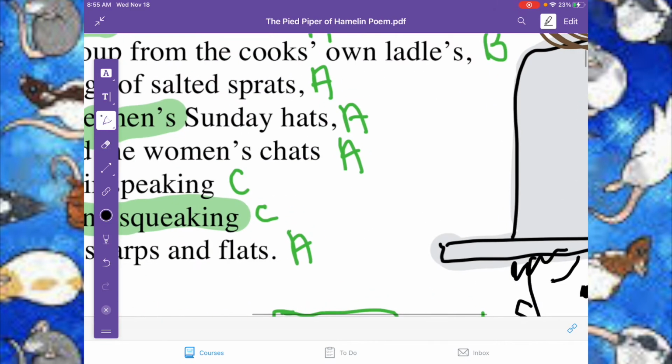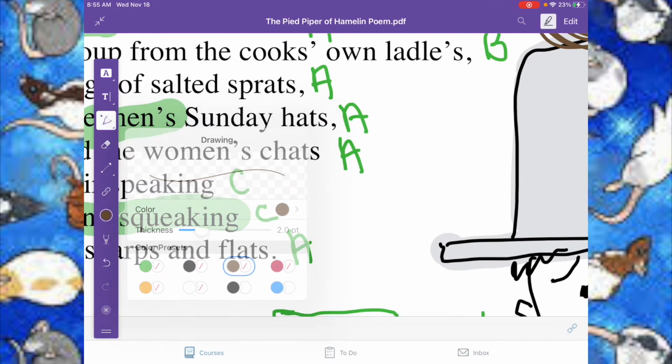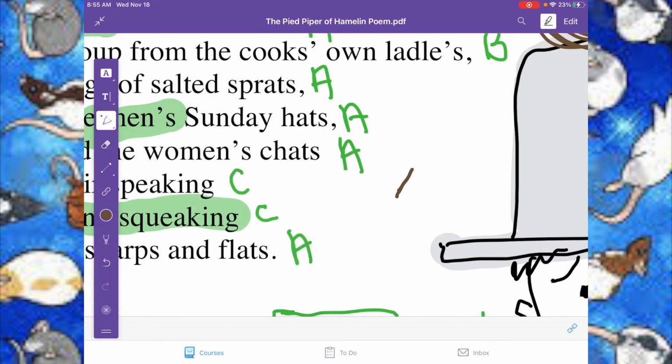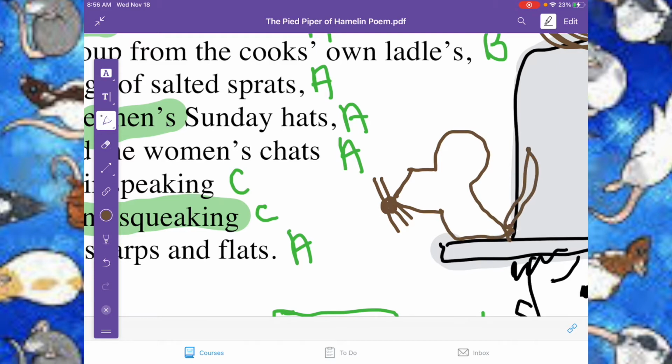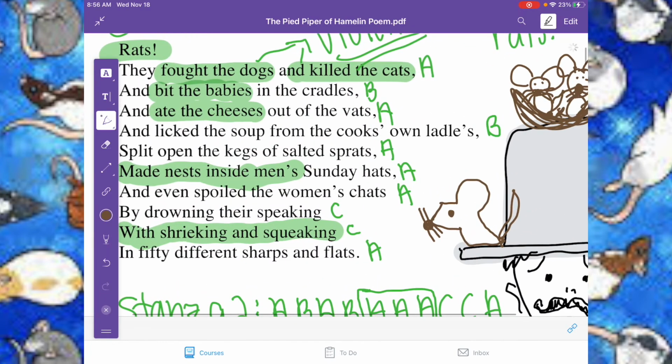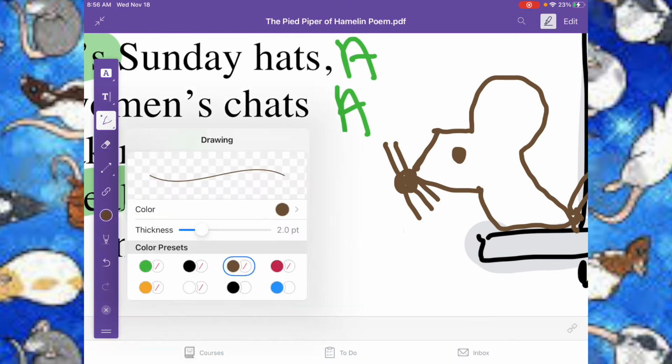They are eating the food, so let's draw a rat eating some of the food. I'm gonna have him chilling on this guy's hat. And so what are they eating? They're eating the cheeses. They're eating the soups. So you can draw something like that.